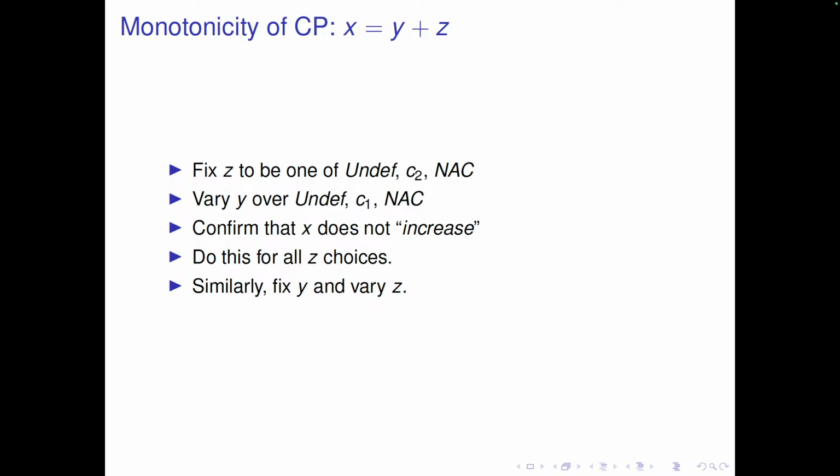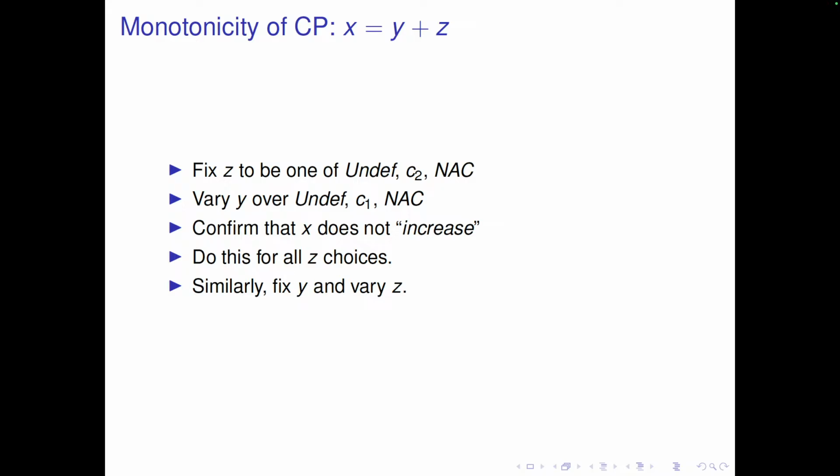So basically I have to create a table which will compute the transfer function, or flow function, for y plus z. On one side I will put y, on the other side I will put z, and each value here is going to be the value of y plus z.